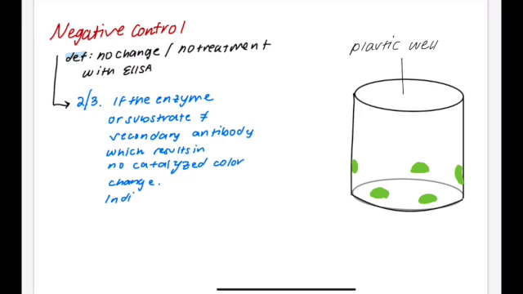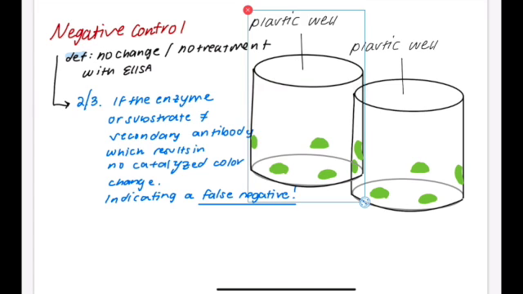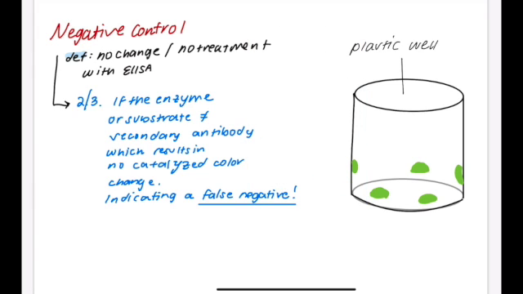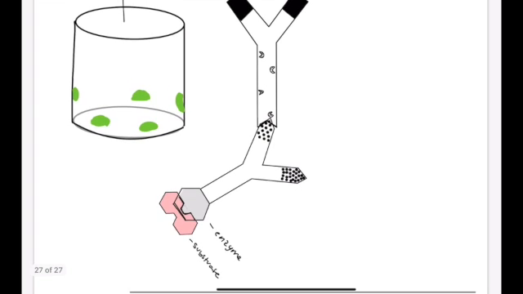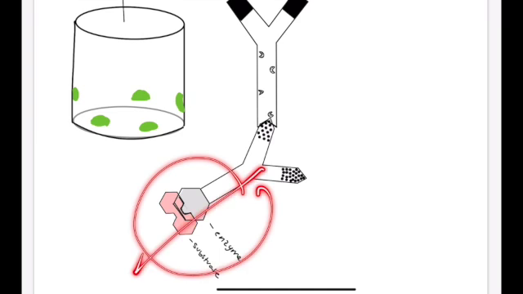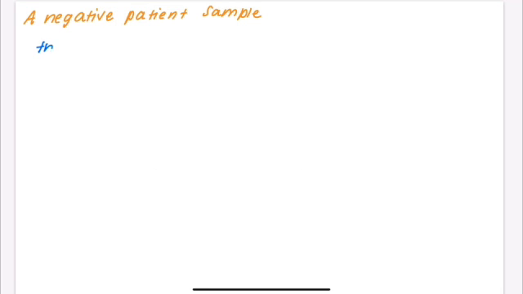So we can say that these could be negative control options, as they'll indicate a false positive. And so now we can see that we have our plastic well. Similarly, we'll not have an antibody and an enzyme substrate that isn't going to bind with one another. And as we see here, a bound enzyme and substrate to the secondary antibody would not happen, indicating a possible false negative if not careful.